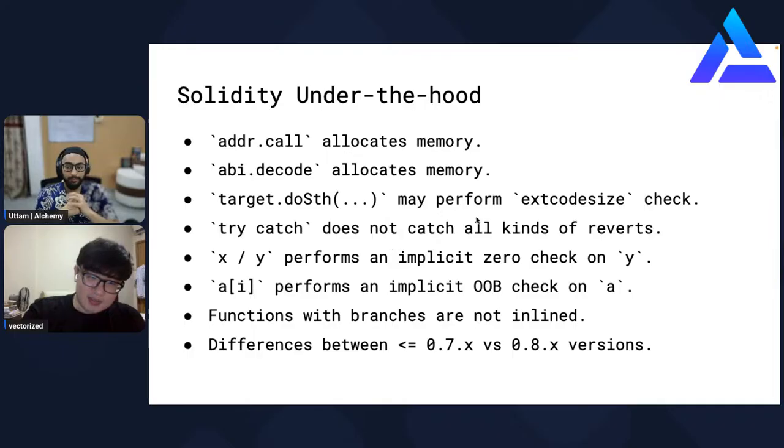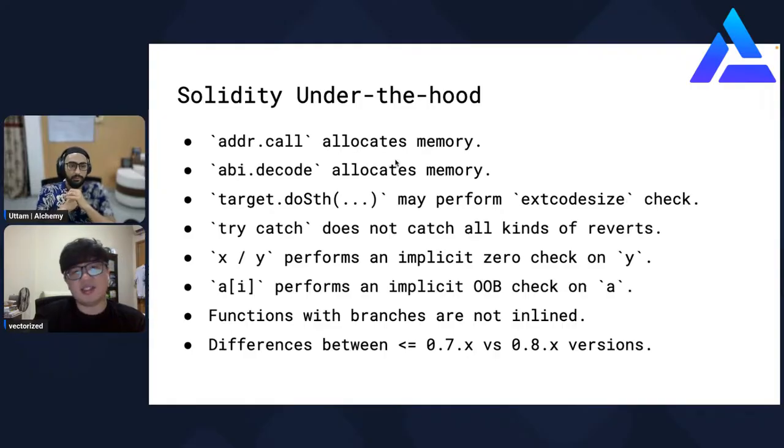So you might want to know where Solidity inserts hidden overheads. For example, if you use address.call, you allocate memory for the return data. If you use abi.decode, you also allocate memory if the decoding data has some dynamic types. If you use target.doSomething, this might perform an extcodesize check, which is 100 gas, I think.